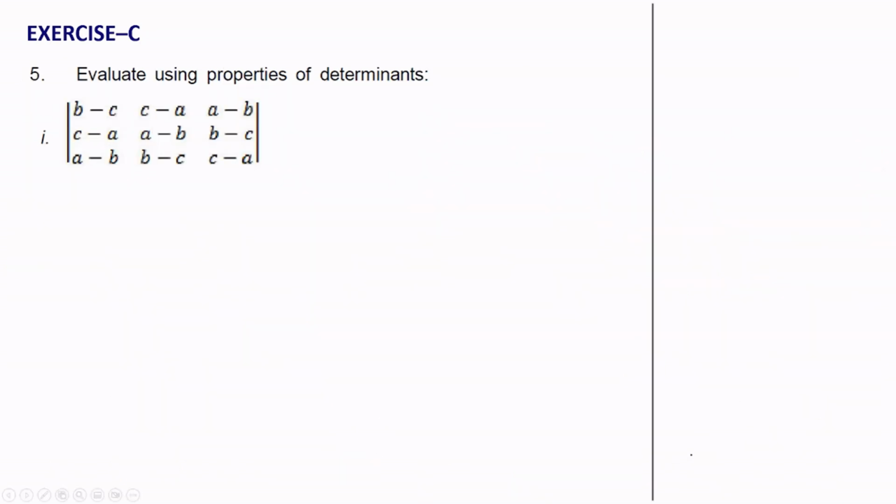Moving on to the next question, evaluate using properties of determinants. So this is the first one, determinant of this we have to find. So let us take this as equal to delta, and then let us apply C1 changing to C1 plus C2 plus C3.